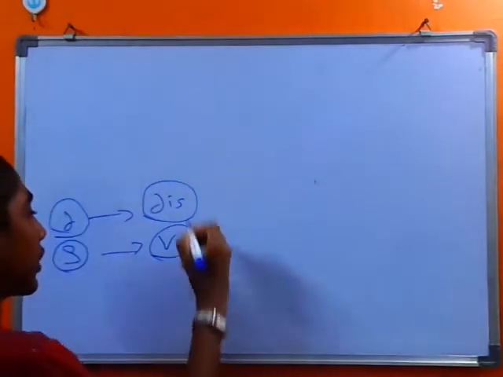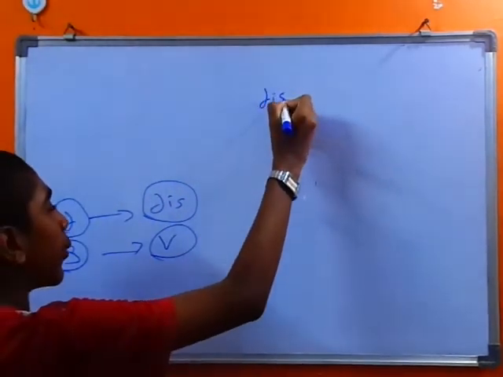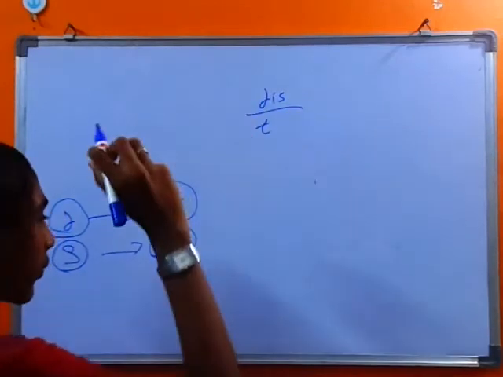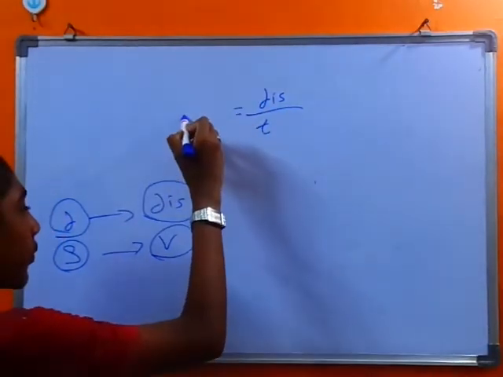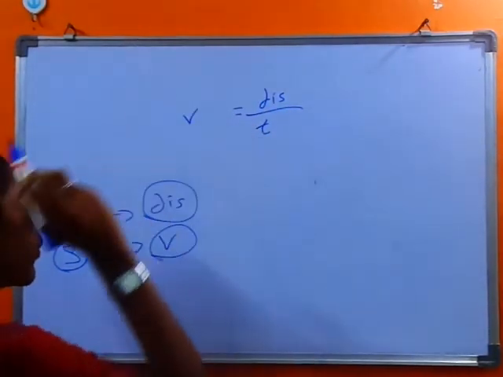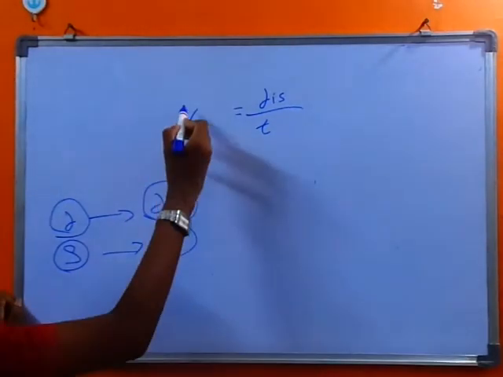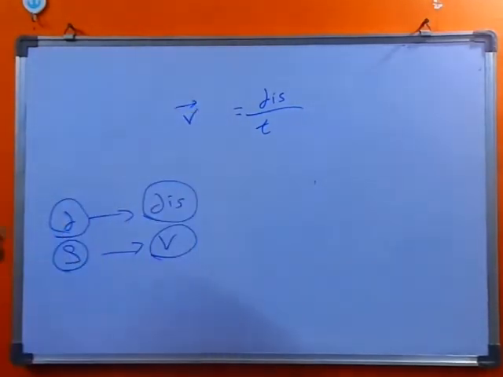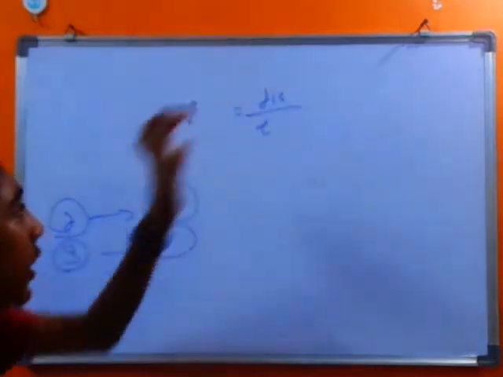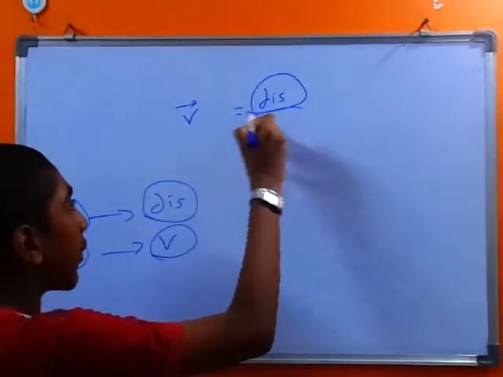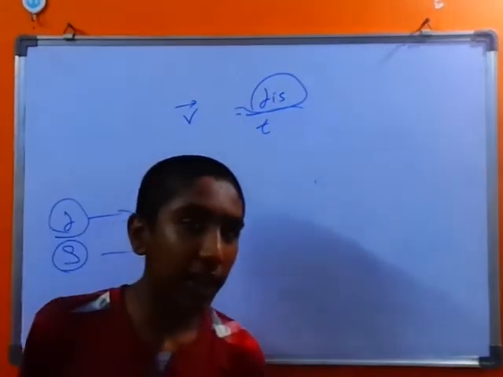Displacement per unit time. Velocity is represented by v with an arrow. Displacement is a vector quantity. It has magnitude as well as direction.